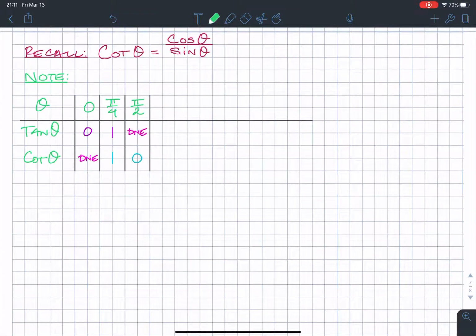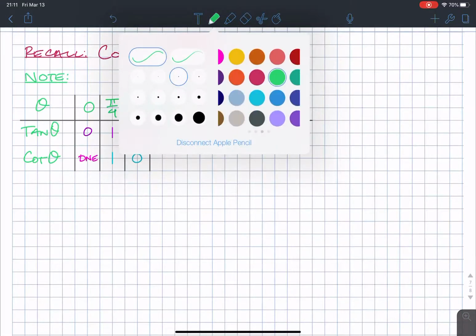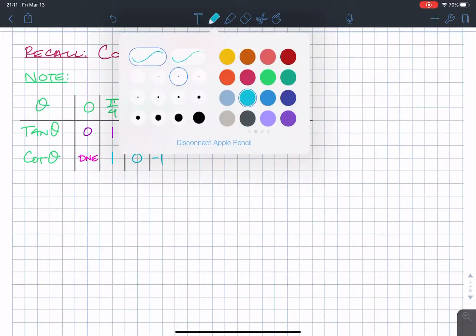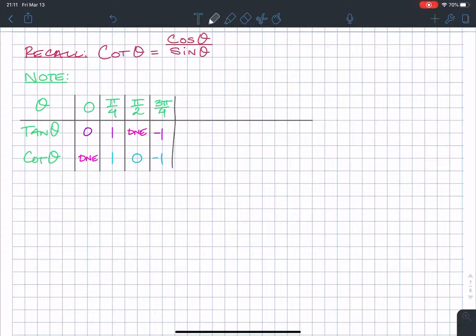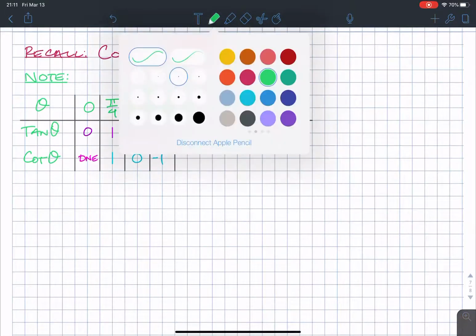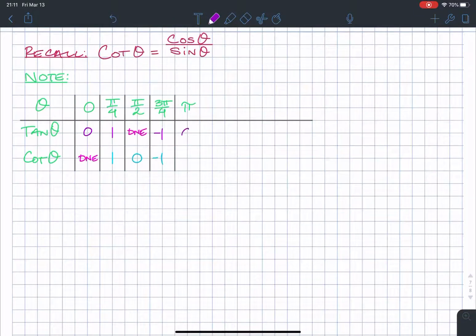In quadrant 2, we have the 45 degree reference angle, 3 pi over 4, and tangent in quadrant 2 was -1, so its reciprocal, cotangent, is also -1. Now going to pi radians. Tangent of pi radians was 0, so the reciprocal is not allowed, which means there'll be a vertical asymptote there.